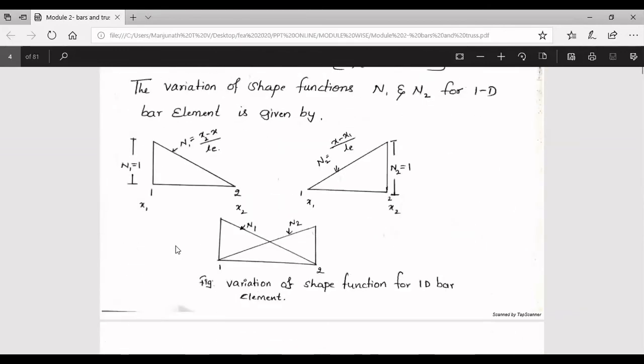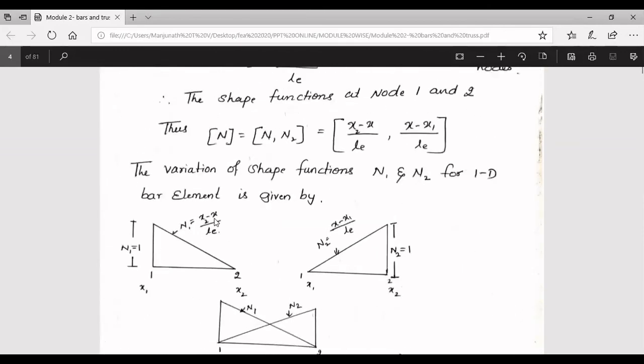Then x2 minus x1 becomes LE, so LE by LE gives N1 equal to 1. So at node number 1, the N1 value will be 1, and the shape is going to vary from 1 at node number 1, decreasing towards 0 at node number 2. You can get the different points of N1 by substituting the x values.